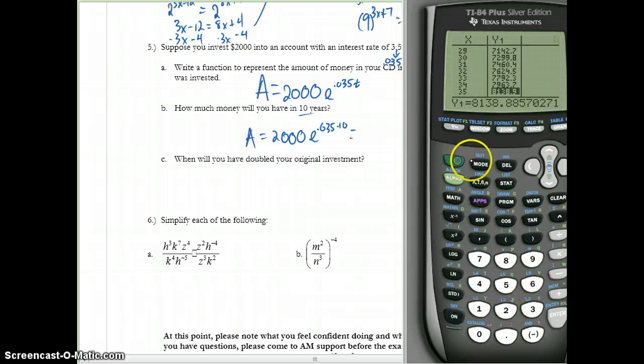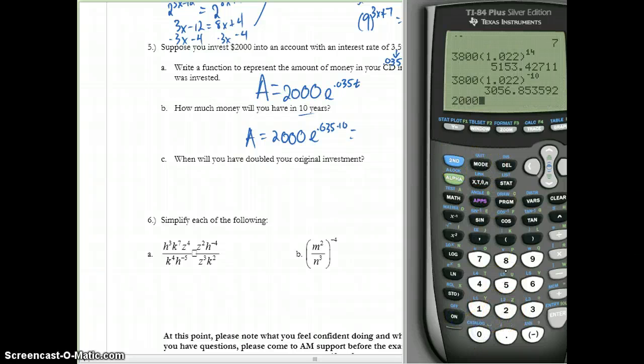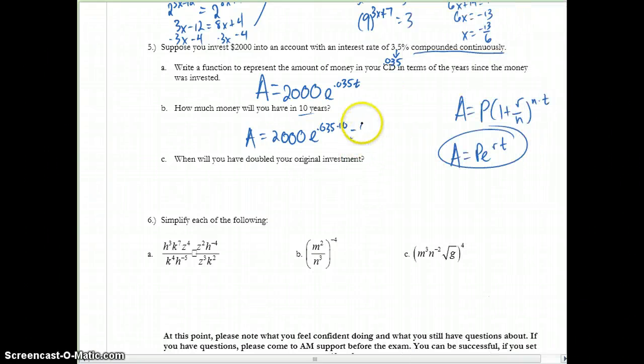We say 2,000 times, here we have e, which is just above the natural log, or the ln button. So second ln, and we raise it to the point, not negative, 0.035 times 10. We get that the value of the account will be $2,838.14.